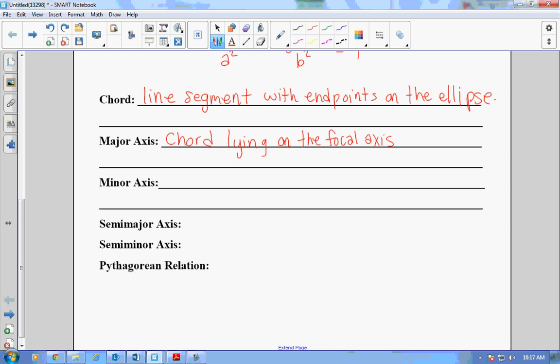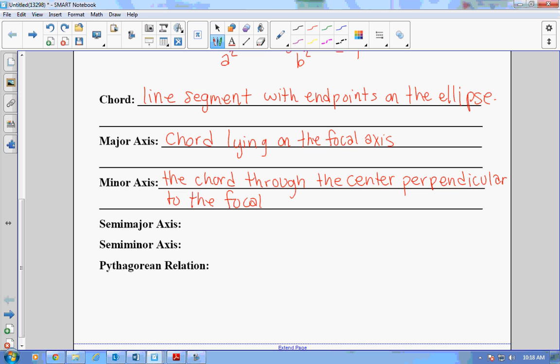The minor axis is the chord through the center perpendicular to the focal axis. We're almost good. We're almost done.